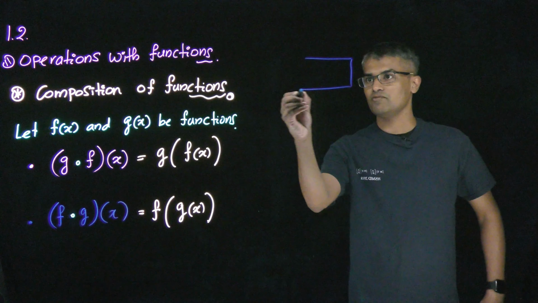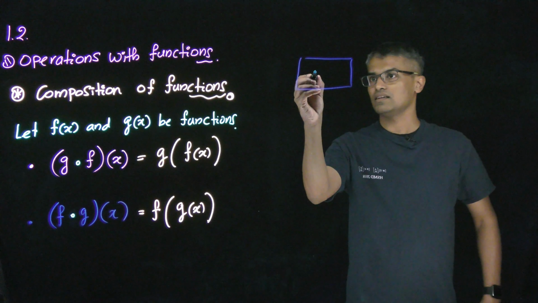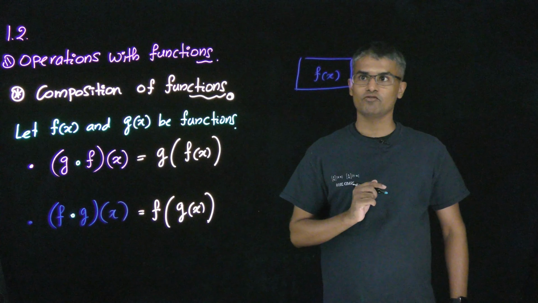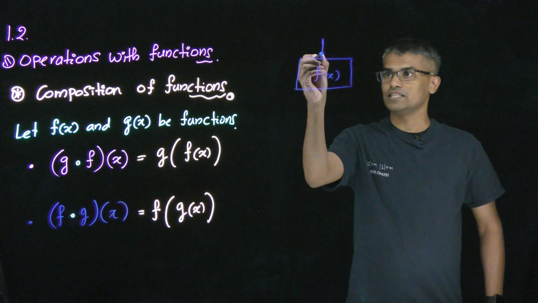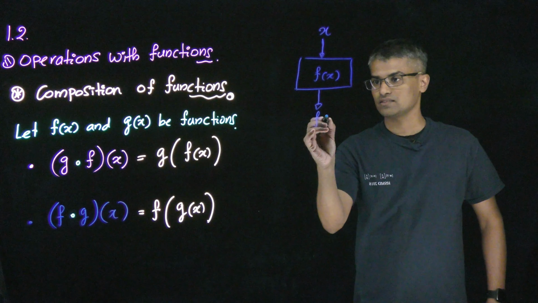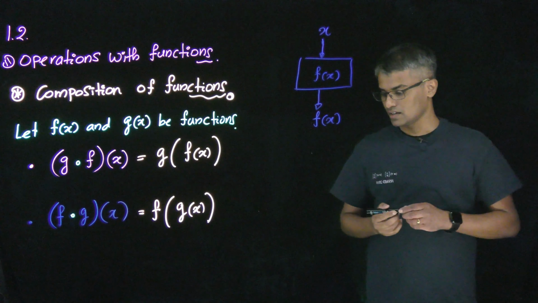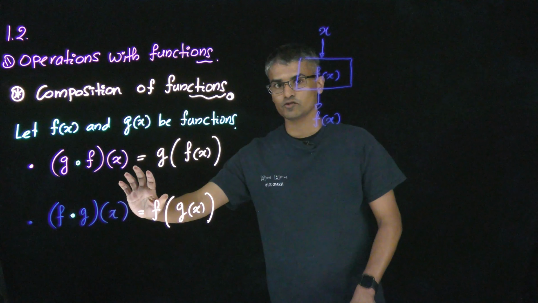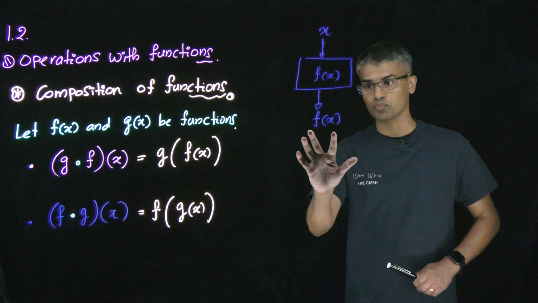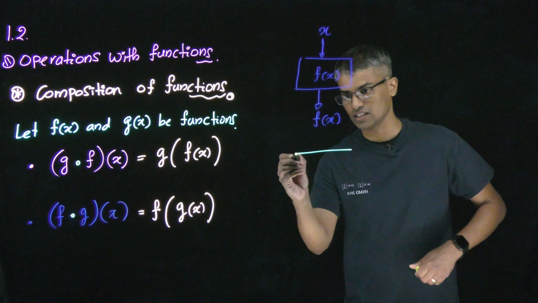So let us say here we have our function f of x. Now if you think about this function f of x, its input is x and its output is f of x. Now in this first rule what we do is we input this output into the function g.